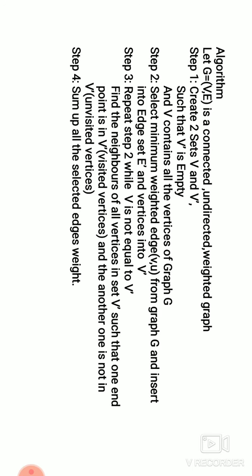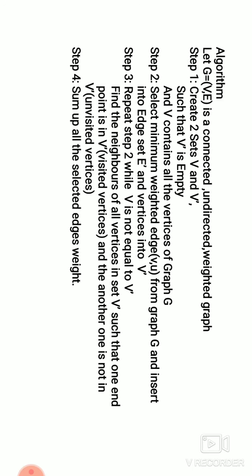Now after we finish visiting all the vertices and get all the vertices from graph G into vertex set V dash, we sum up all the edges and come up with the minimum weight. This is how Prim's algorithm works.